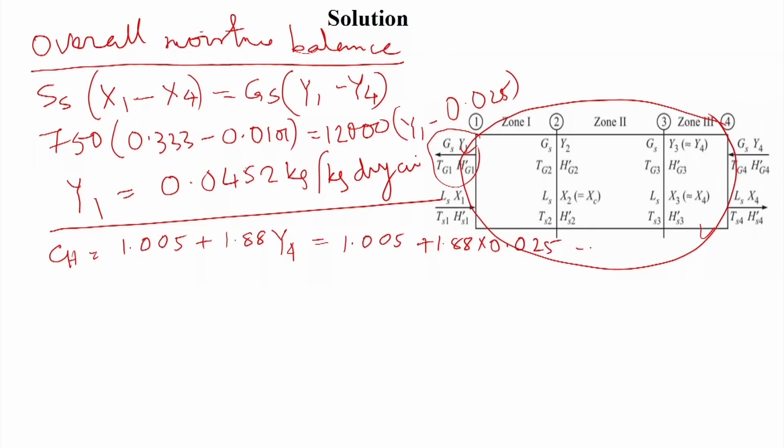That comes out as 1.052 kilojoule per kg dry air per Kelvin.